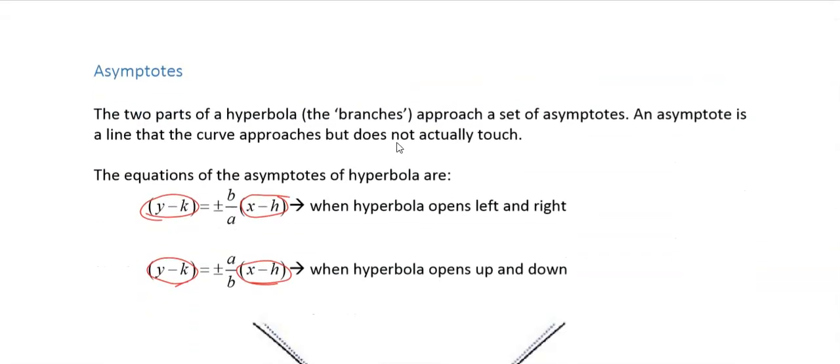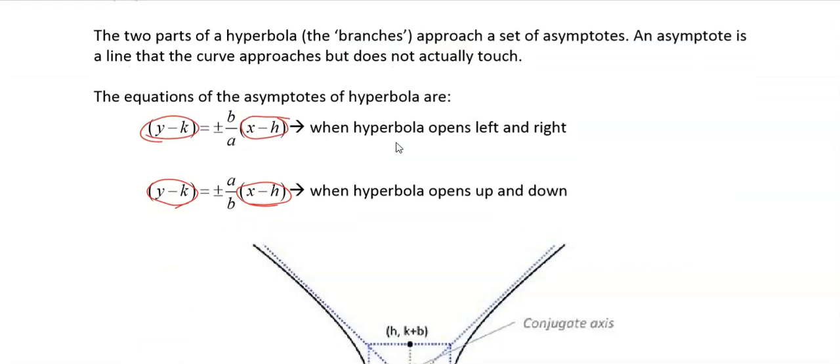But notice that for the asymptotes, they're not squared, because remember, asymptotes are lines. If either one of those terms was squared, you would not have a line, would you? And the only thing that could be tricky is not getting the x minus h and the y minus k. That's easy. But it's this part. You see that? These are what we call the slopes of your two asymptotes.